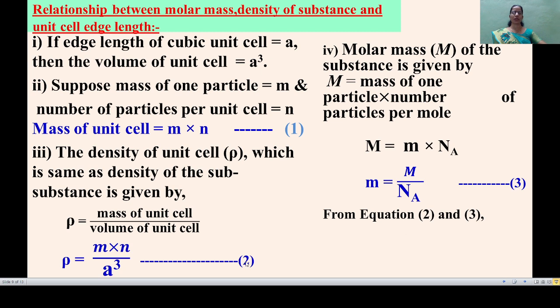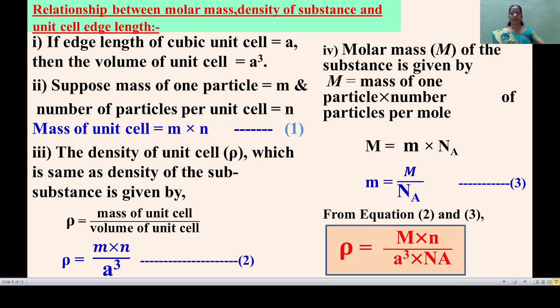Now, from equation number 2 and equation number 3, we can write density rho is equal to mass, which is given as molar mass divided by Avogadro's number, into n divided by a cube. That is, here we obtain the relation rho is equal to M into n divided by a cube into Na.